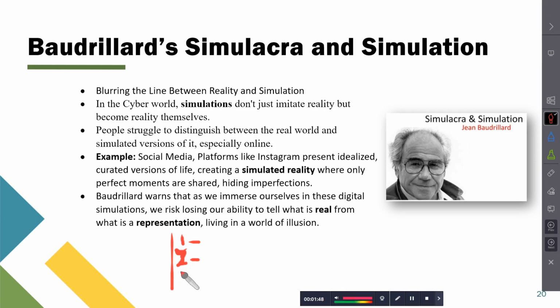Number 3, it masks the absence of a basic reality. And the 4th one is it bears no relation to any reality whatever; it is its own pure simulacrum. So what does it mean?